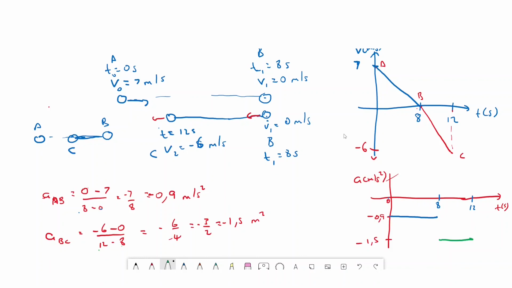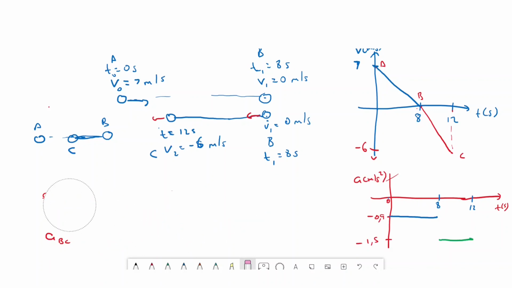Now how about the position? If I wanted to find the position for this thing, how would I find it? Remember, if you check this thing, it has this area, this triangle.